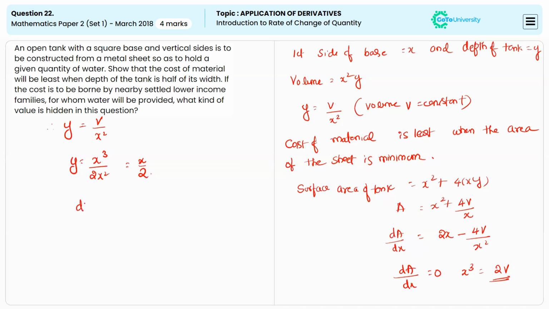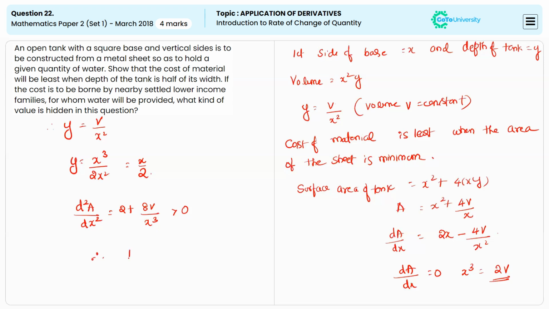Again differentiating with respect to x, the second order derivative, we get 2 plus 8V by x cube, which has to be greater than 0. Therefore, it is always greater than 0 because x is positive.